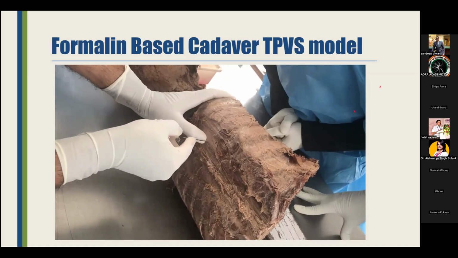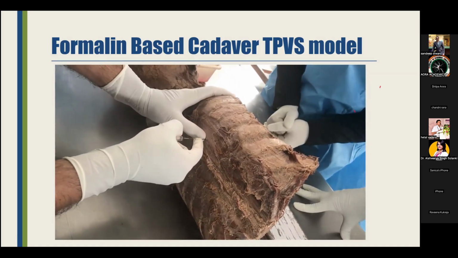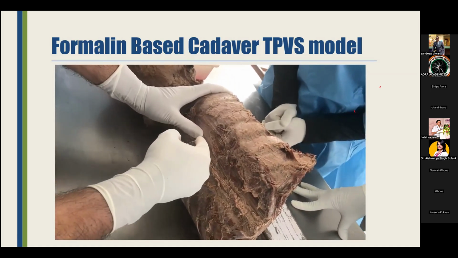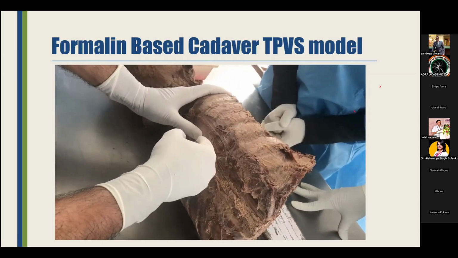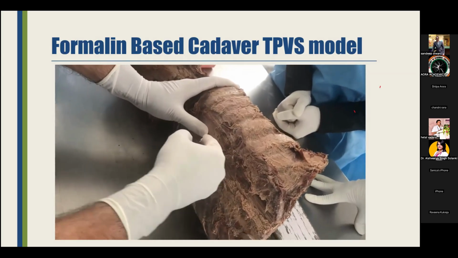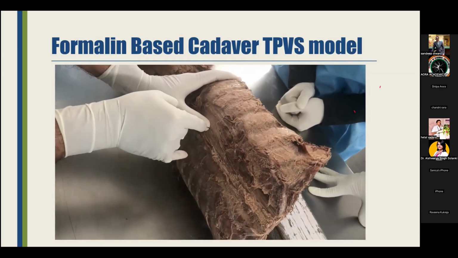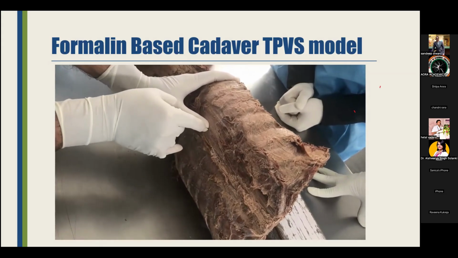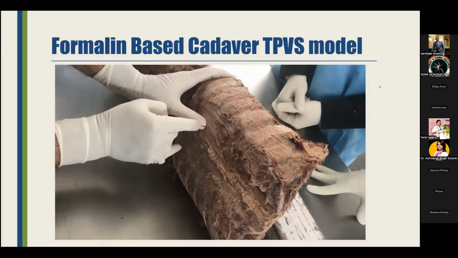I'm trying to hit the costotransverse junction, and then you go either cephalad or caudal. Usually cephalad is preferred over going caudal. And once you are in that particular area, you can feel the loss of resistance. That's it.